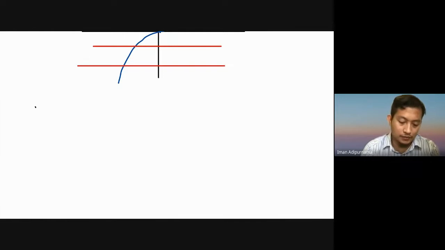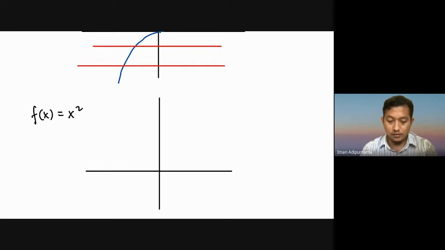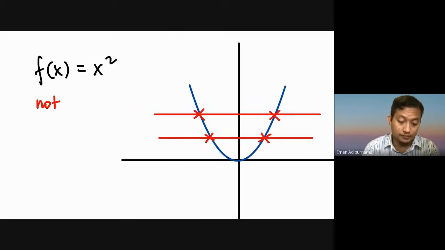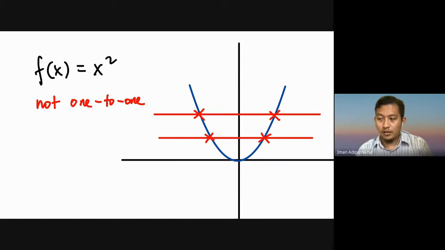And then, like I said before, if we have x squared and we apply the horizontal line test, definitely it's crossing more than once. So we can say that this is actually not one-to-one. And then we can restrict the domain.